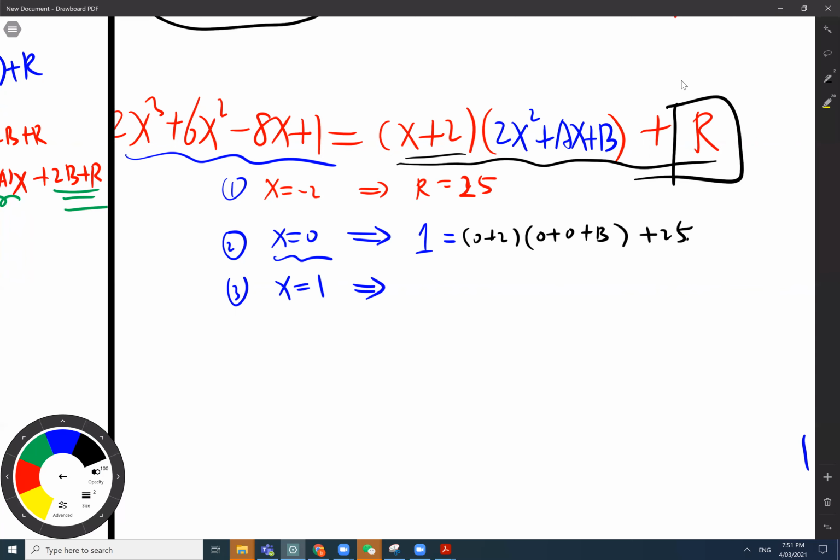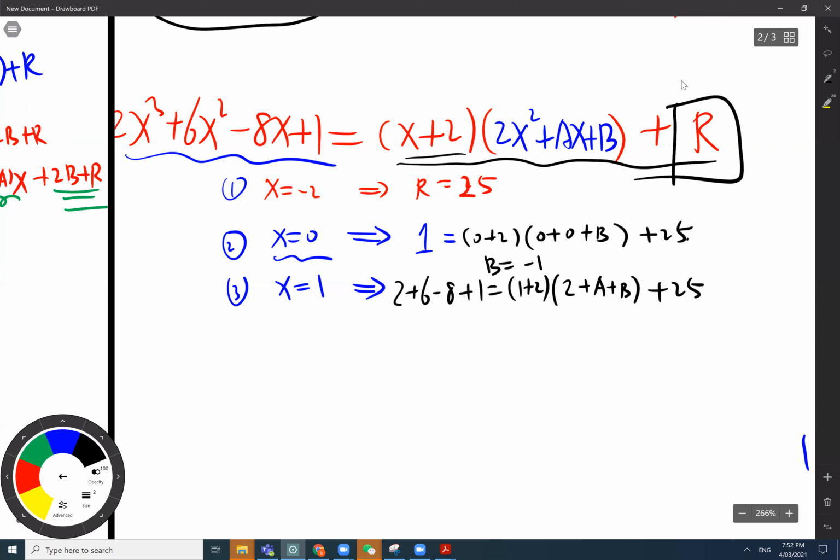If x equals 1, if you substitute other values, b equals negative 12.